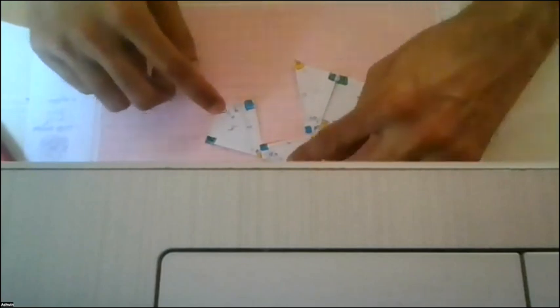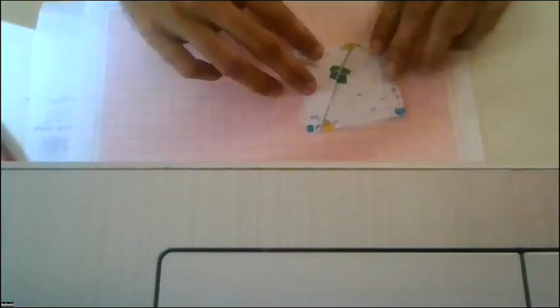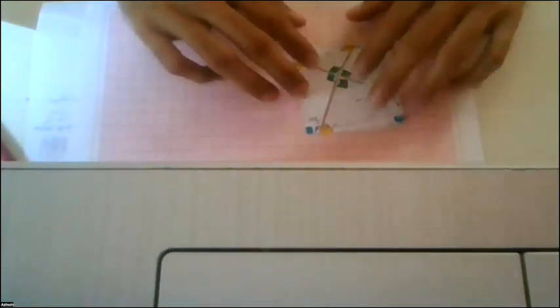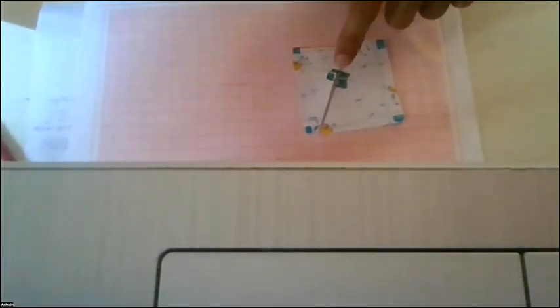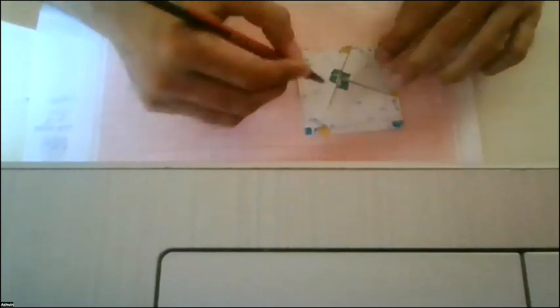This length is the same as this, and it effectively comes like this. Because I have labeled the right angles, I know which will be the corners of the new square that I have to form. So here I think we can figure something: this length and this length will be the same.